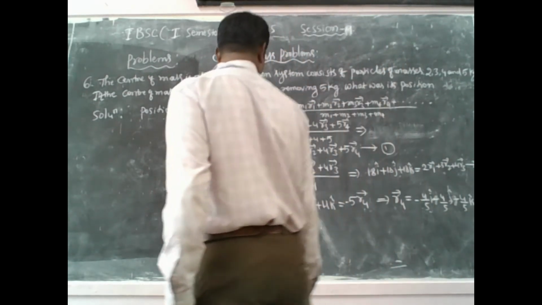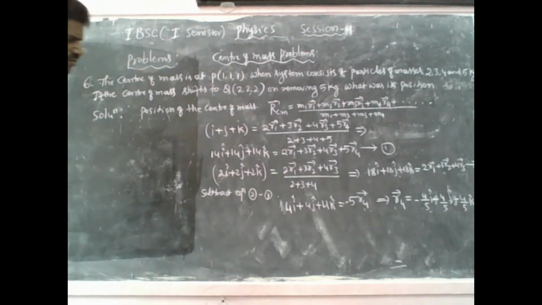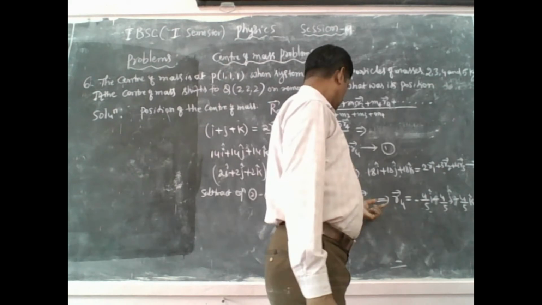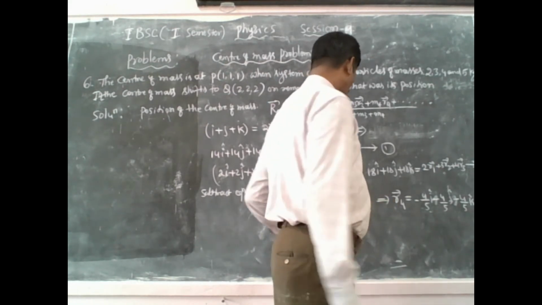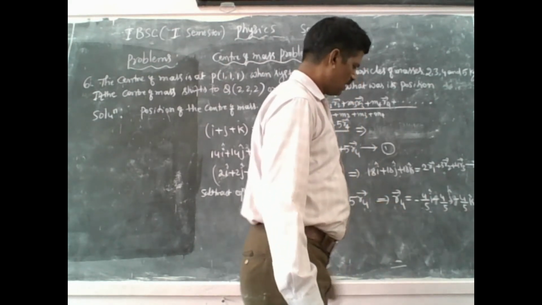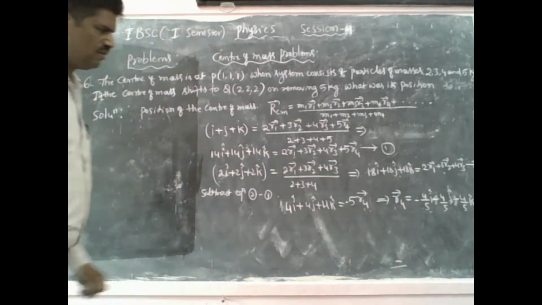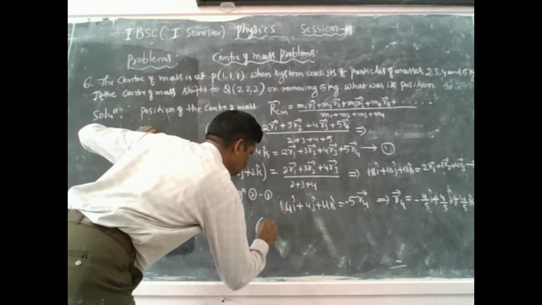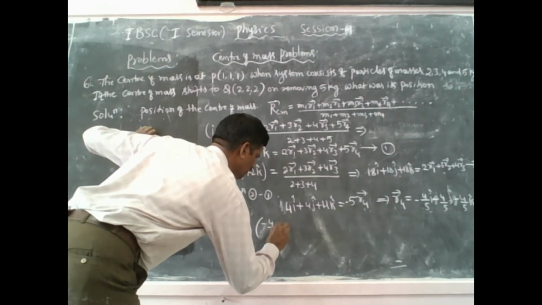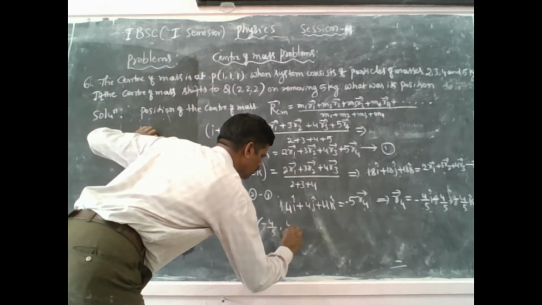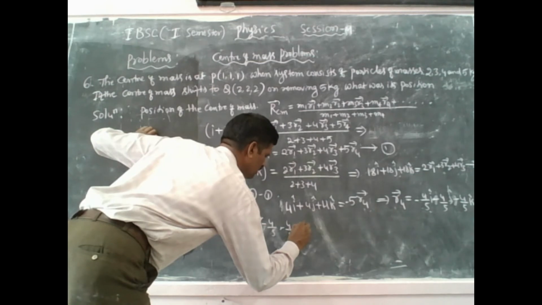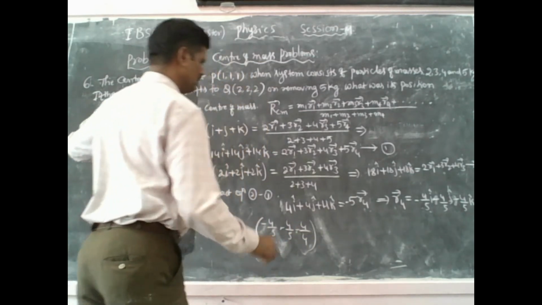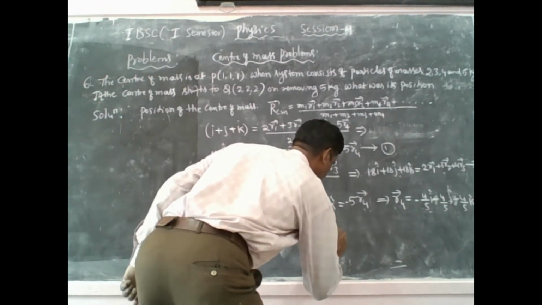What is remaining? Only minus 5R4, and if we shift this minus sign to the left-hand side, we get R4 equals minus 4 by 5 I minus 4 by 5 J minus 4 by 5 K. So these are the coordinates of the point: minus 4 by 5, minus 4 by 5, minus 4 by 5. So these are the coordinates of the removed particle.